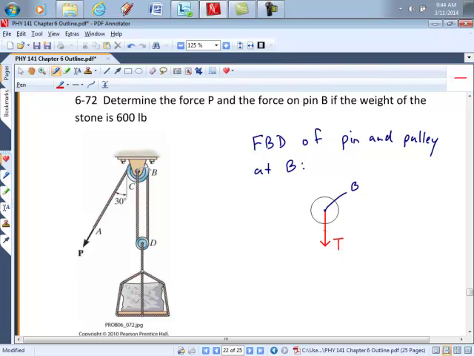Okay, so we've got this tension force here. What else have we got? Right, so we've got this force acting at an angle of 30 degrees. It's going to be the same tension force, so whether I call it T or P doesn't really matter.